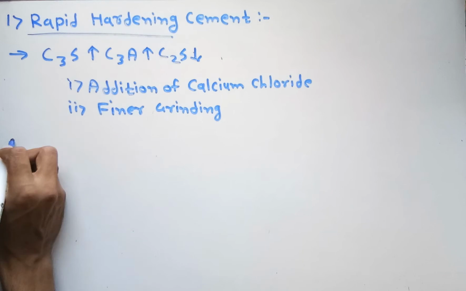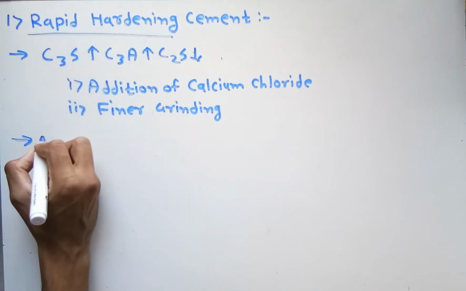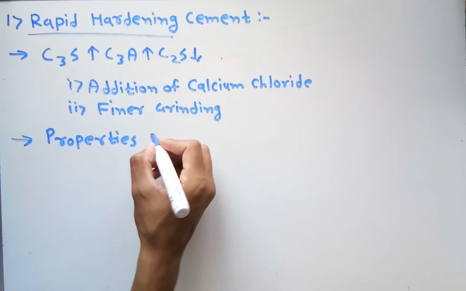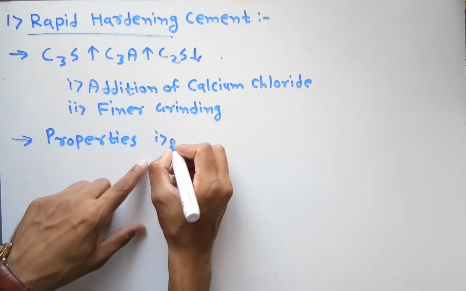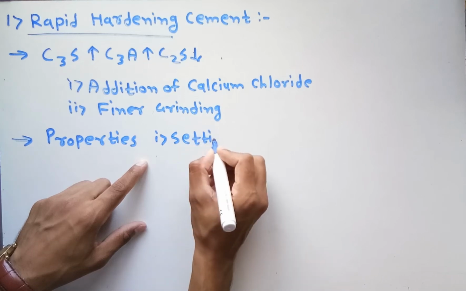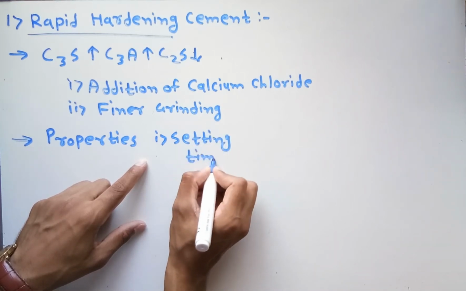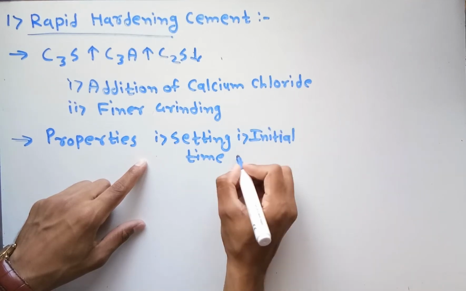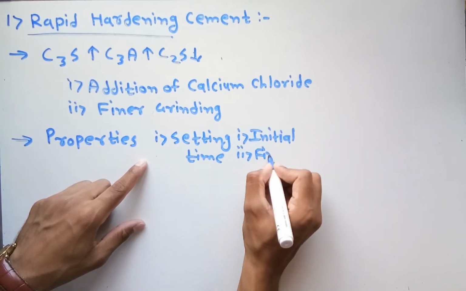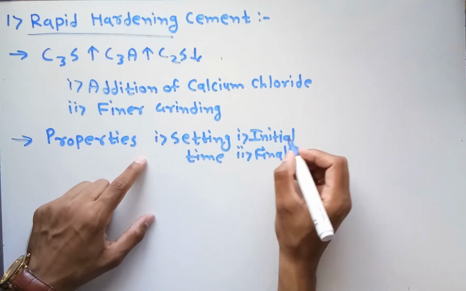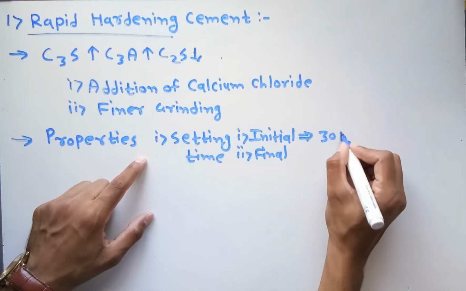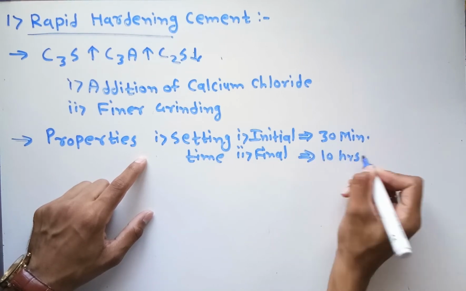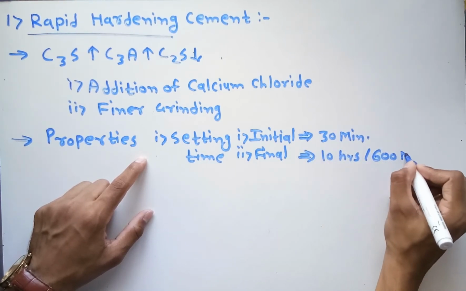Now we will see some properties of the rapid hardening cement. First one, we will see the setting times. Its initial and final setting time is the same as OPC, that is initial setting time is around 30 minutes and final setting time is 10 hours or simply 600 minutes.